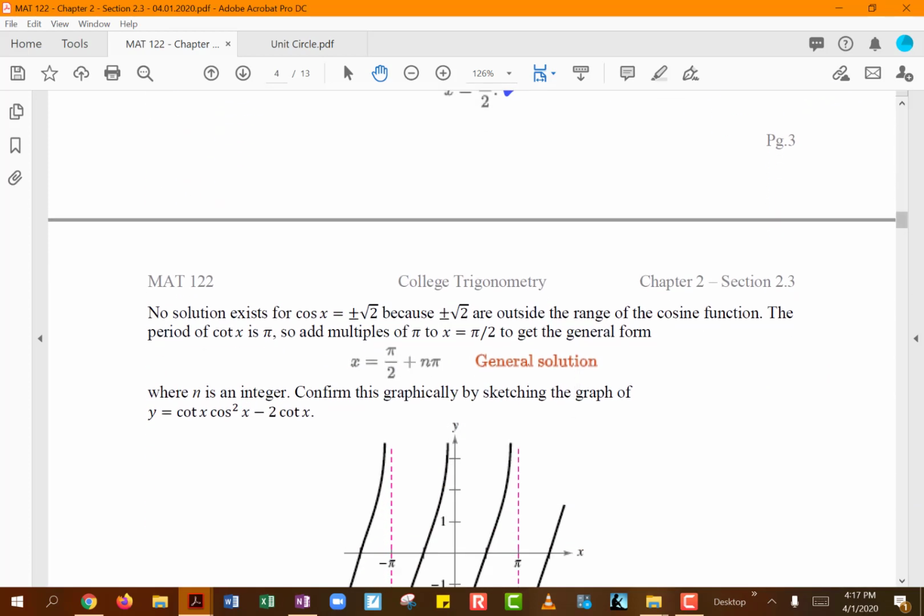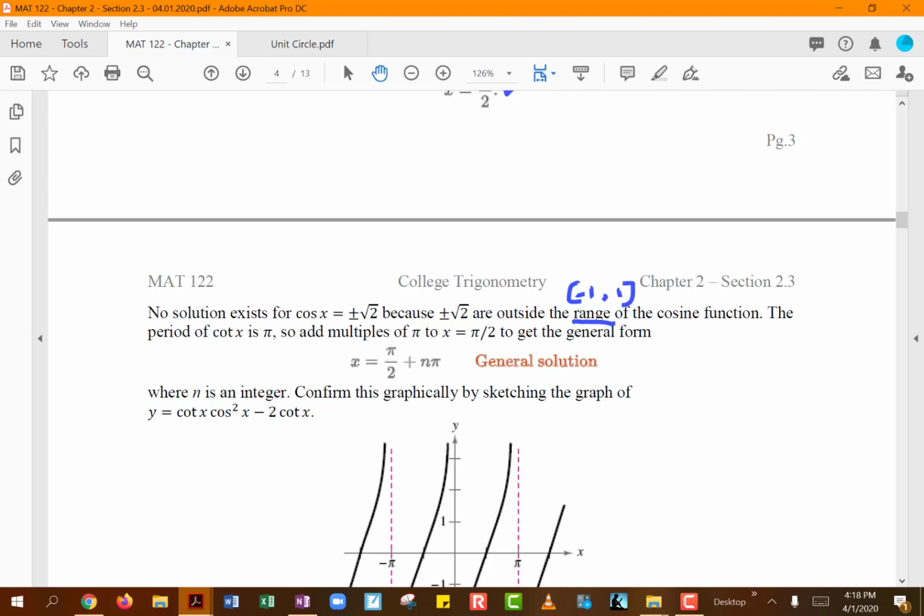So let's take a look here. This is something you should remember, that the range of the cosine function only goes from -1 to +1. And imagine the graph of the cosine function. The amplitude is only -1 to +1, right? Which makes the range of our cosine function.